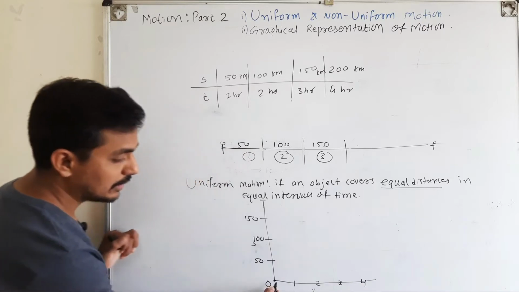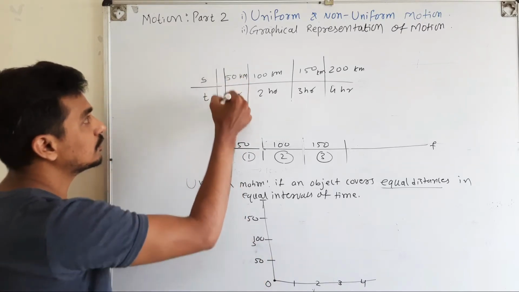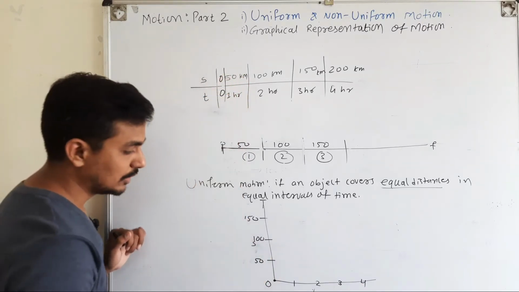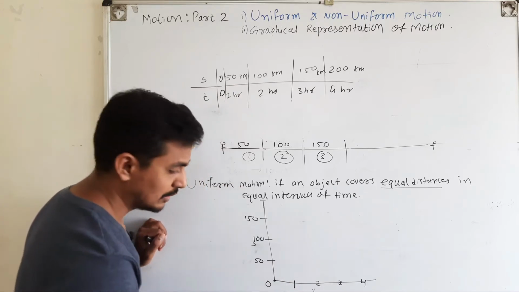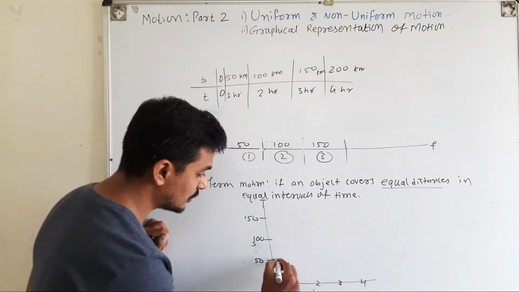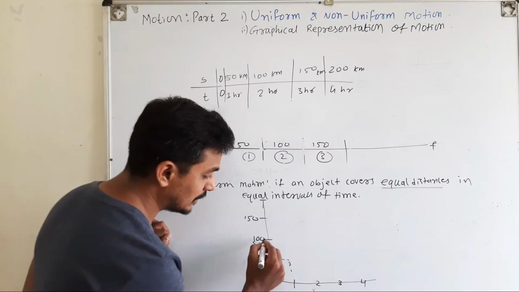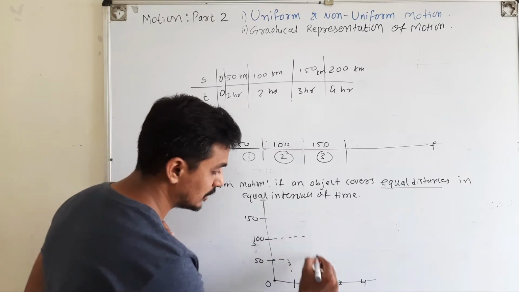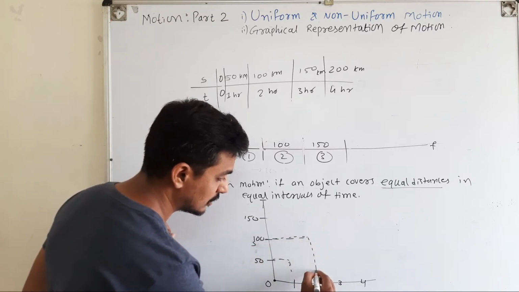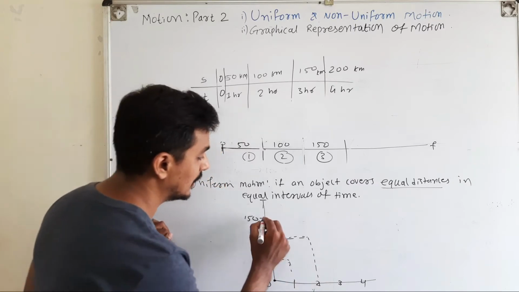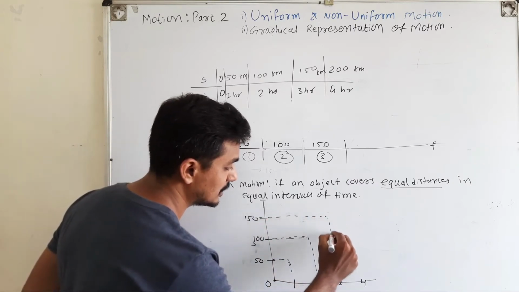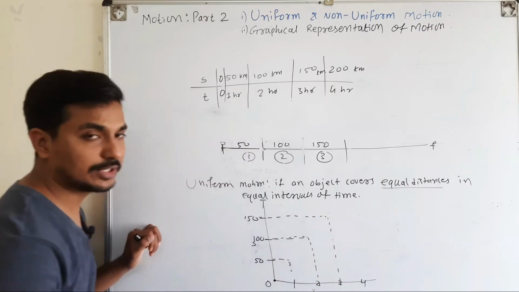Initially, at time 0, the distance is 0. Then after 1 hour, the distance covered is 50 kilometer. In another 1 hour, the distance covered is 100 kilometer. Then in the third hour, the distance covered is 150 kilometer.